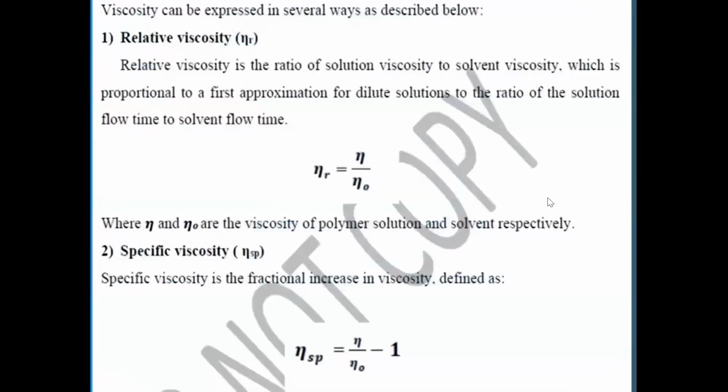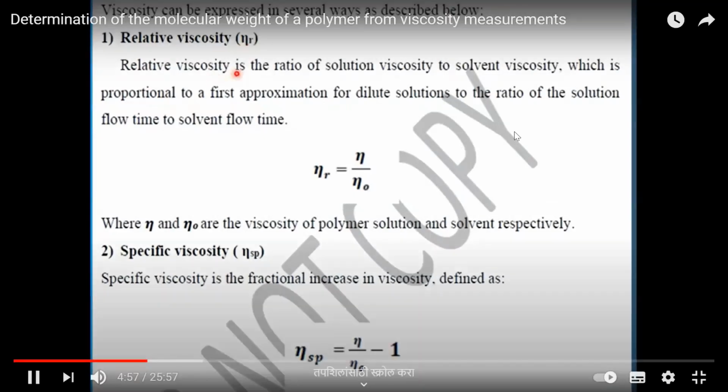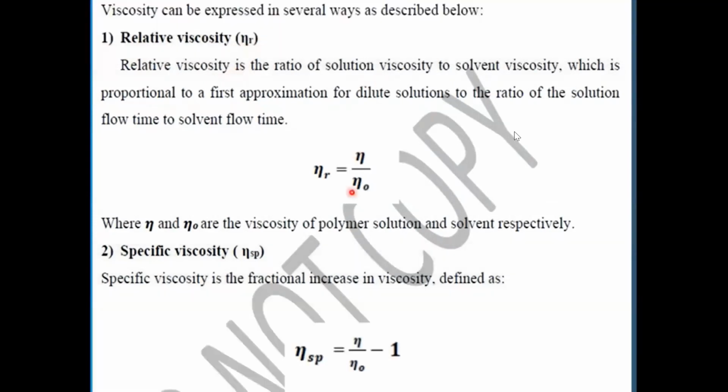Now we have many different types of viscosity. Number one, relative viscosity, which has the symbol η_r. Relative viscosity is the ratio of solution viscosity to solvent viscosity: η_r equals η, the viscosity of the polymer solution we use, over η_0, the viscosity of the solvent.